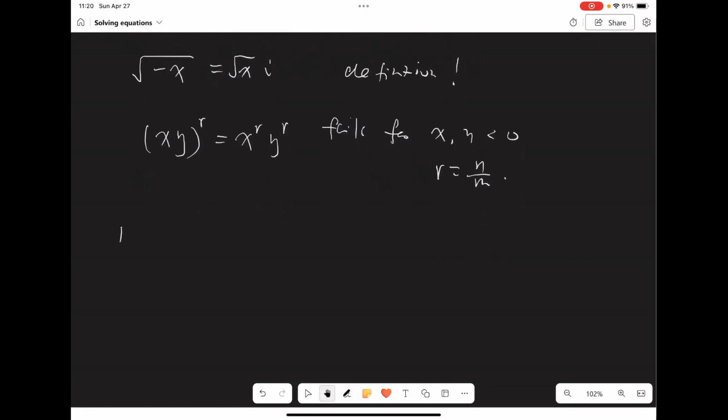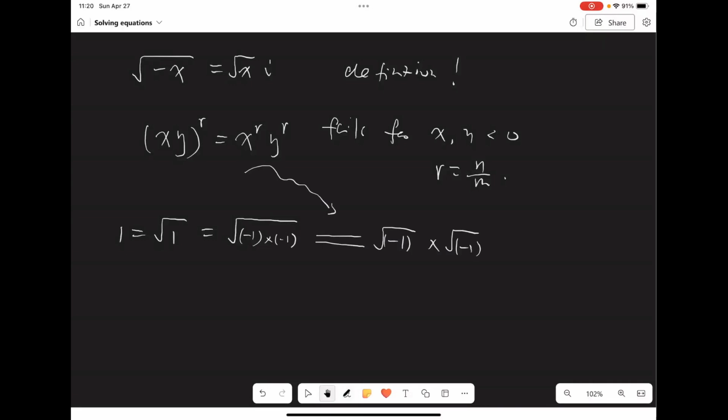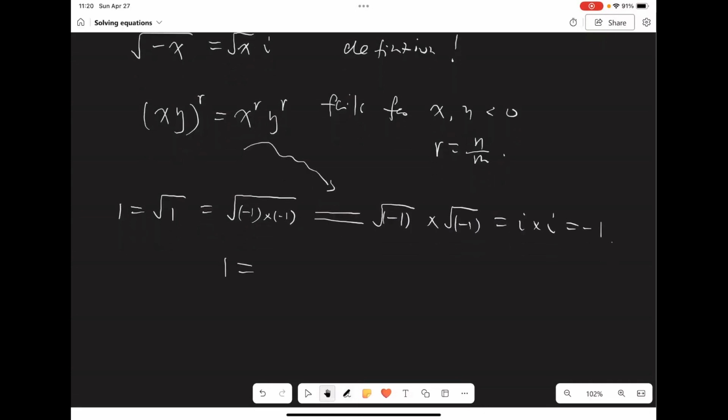We know 1 equals the square root of 1, and 1, of course, equals negative 1 times negative 1. Therefore, if the above rule would hold for negative numbers, this can be written as the square root of minus 1 times the square root of minus 1, that is, i times i, which gives us negative 1. We thus have 1 equals negative 1. Contradiction.